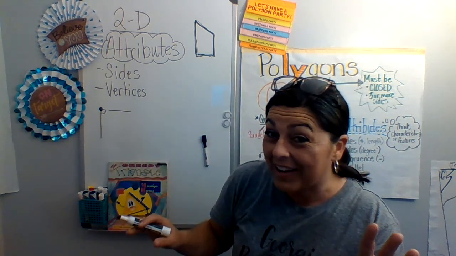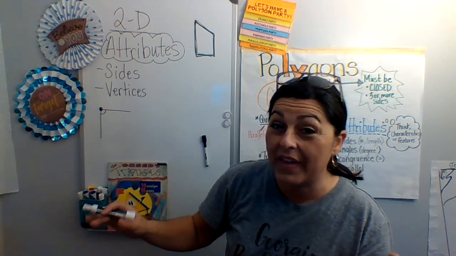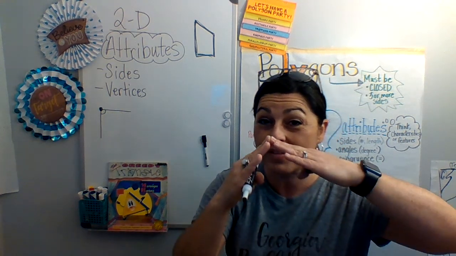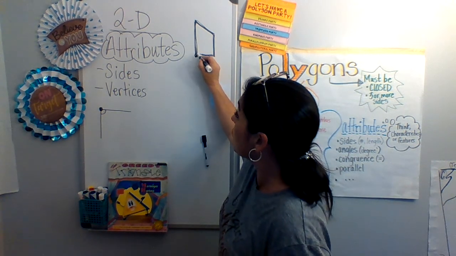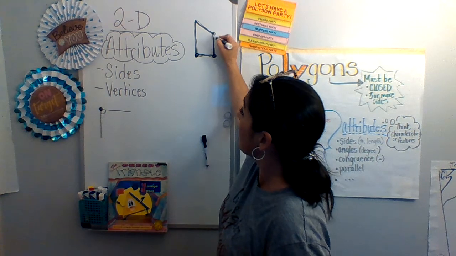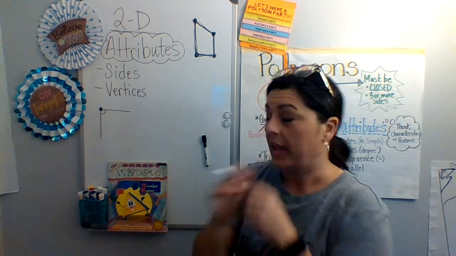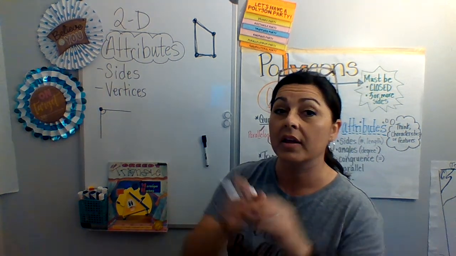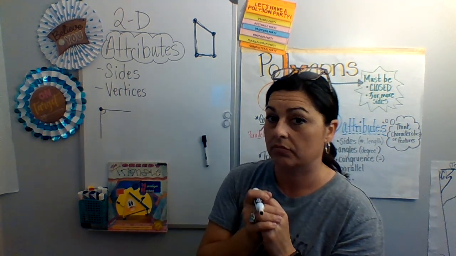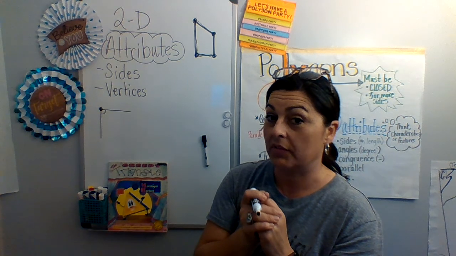This is not an angle. It's what forms the angles, where the two line segments come together, the two sides. So we're talking here, here, here, and here. So tell me this. If looking at this shape, how many sides does it have? Give me a second.